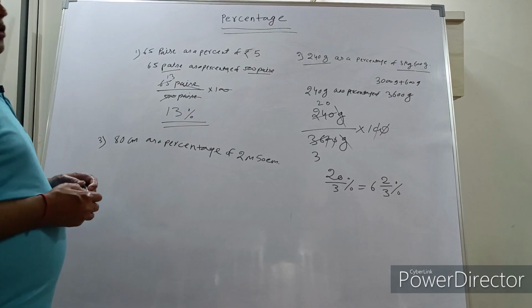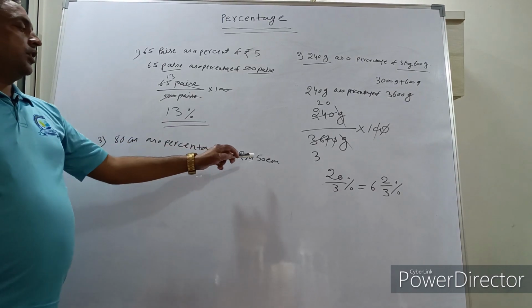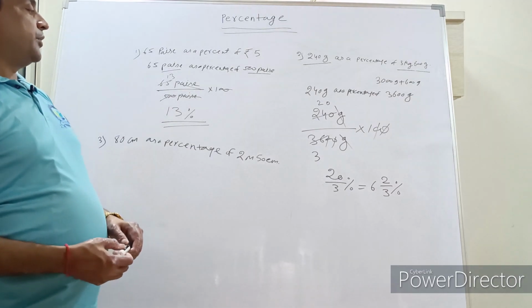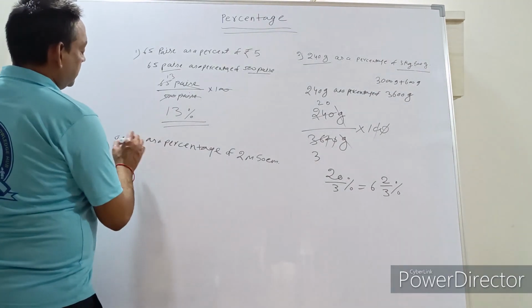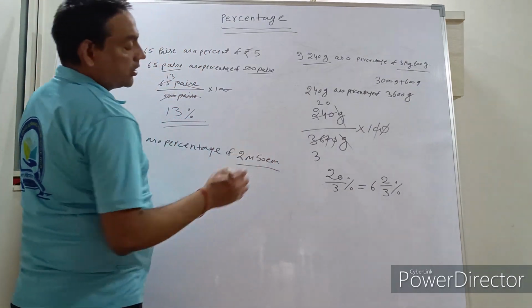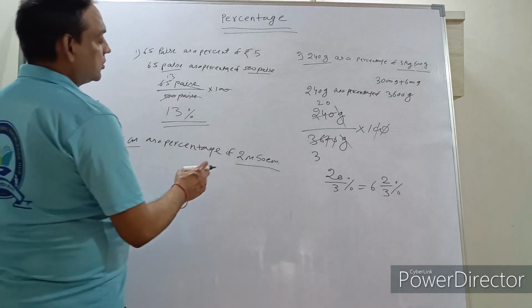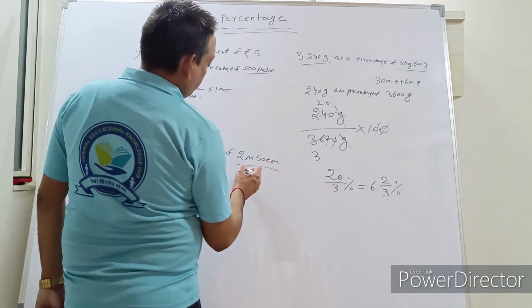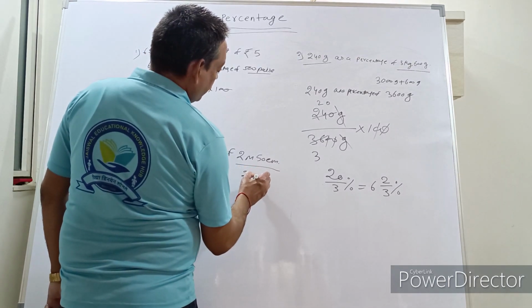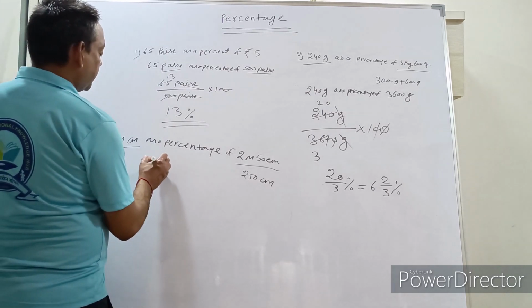Okay, let's do one more sum. 80 centimeter as a percentage of 2 meter 50 centimeter. So again we have to convert. This is given in centimeter, so we have to convert 2 meter 50 centimeter also into centimeter. So 2 meter will be how much? 200 centimeter plus 50, so this becomes 250 centimeter, and this will be 80 centimeter.